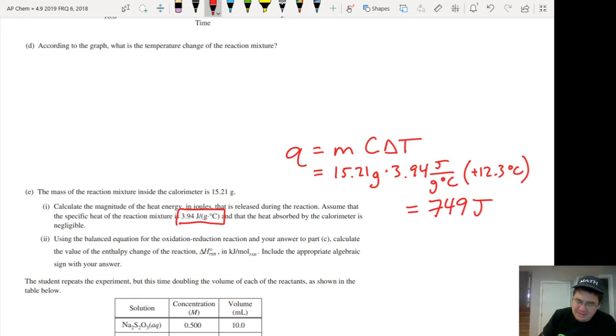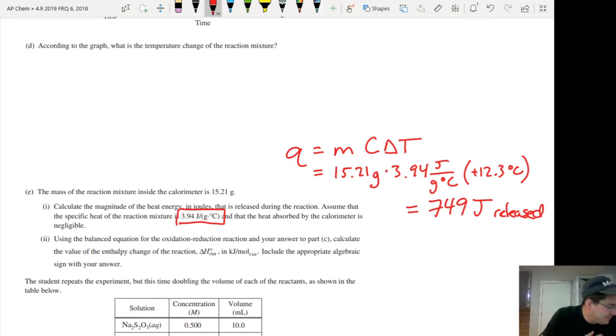So we just released 749 joules. We haven't calculated delta H yet. This is just how much energy was released. And because we know it's exothermic, eventually when we calculate delta H, what's going to be true about the sign? It's going to be flipped. It's going to be negative.